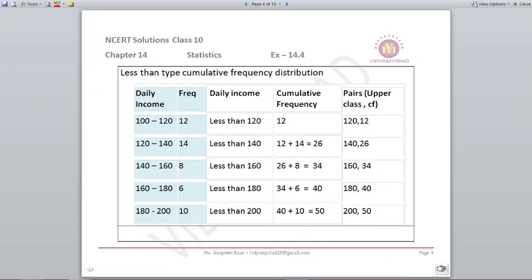Using this and the upper class limits, we will make pairs in the form x, y, so that it becomes easier to plot on a graph. So the pairs will be 120, 12; 140, 26; 160, 34; 180, 40; and 200, 50.